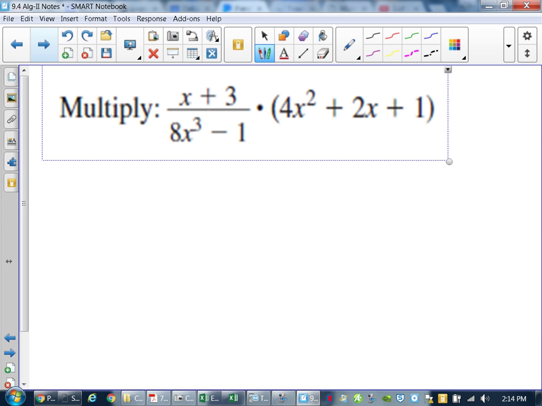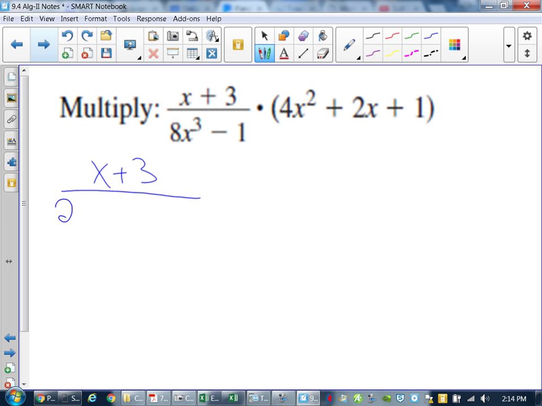Okay. So in this case here, the 8x cubed, that's what's playing the role of a, is 2x. So we wind up with x plus 3 over 2x minus 1. What is the quantity 2x squared? 4x squared.